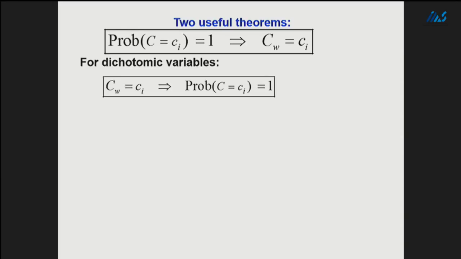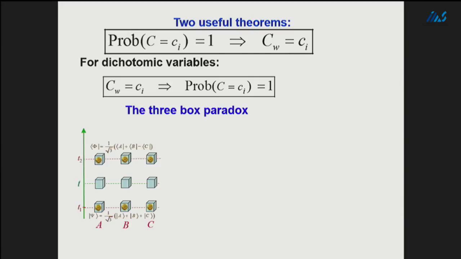And if my variables are dichotomic, having only two values, the opposite is also correct. If the weak value turns out to be equal to one of the two eigenvalues, then my strong measurement should give that value with certainty.